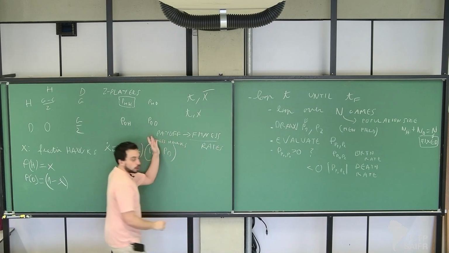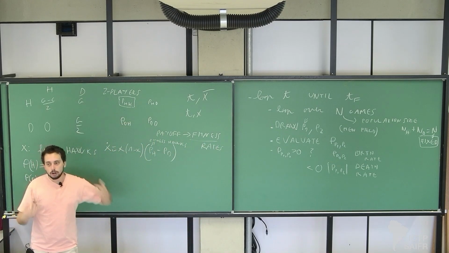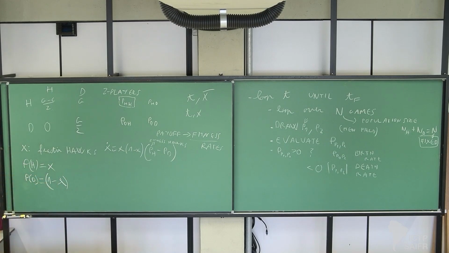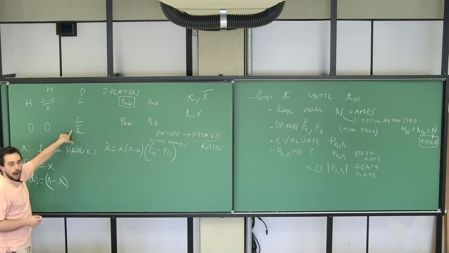If this is positive, it's a birth rate. So per unit time, what is the fraction of time that you spend in a nesting site and therefore reproduce? You have a rate of, for instance, in this case, G half per unit time of reproduction.